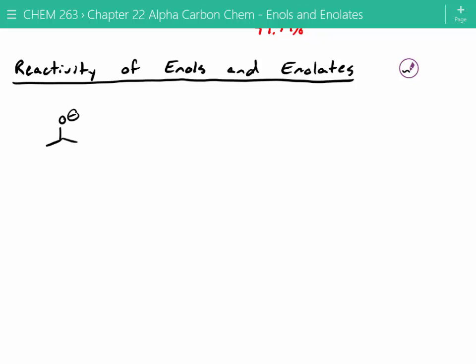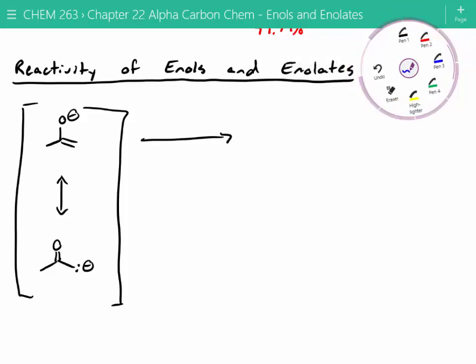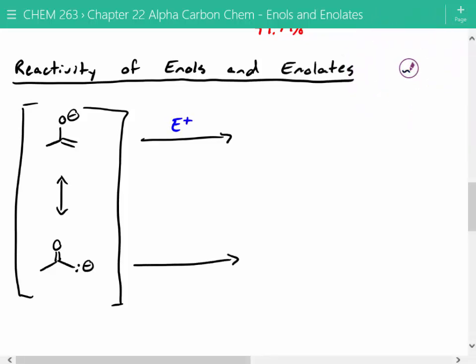So we've got our oxygen with the negative charge, and it's got a resonance structure where we could have that negative charge down on the carbon. So these are two valid resonance structures. And we can imagine these each reacting with an electrophile. So I'm going to call this electrophile E+, and I'll do the same down here.